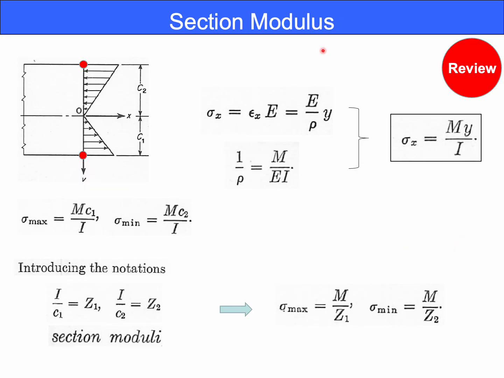This slide introduces the concept of the section modulus, which is a very practical design parameter. The section modulus is defined as the moment of inertia divided by the distance from the neutral axis to the extreme fiber, just like this.